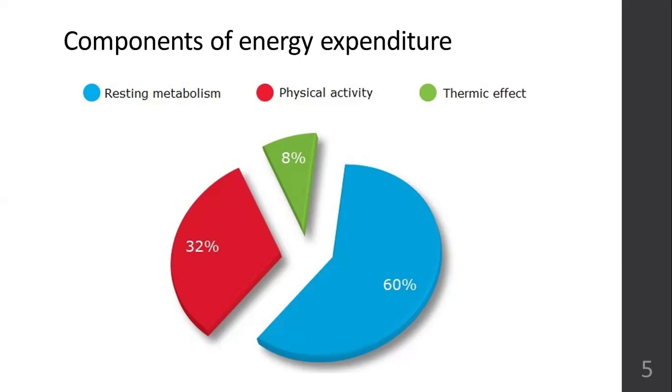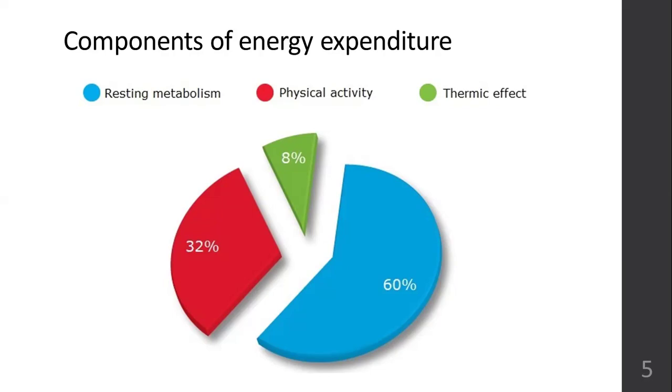When you're resting, when you're sleeping, still functions in your body are being carried out. You are alive, you are breathing. Digestion does not stop. Your brain does not stop. Neurons don't stop. Kidneys don't stop. All the internal organs are doing their work, irrespective of your physical activity. That is resting metabolism.